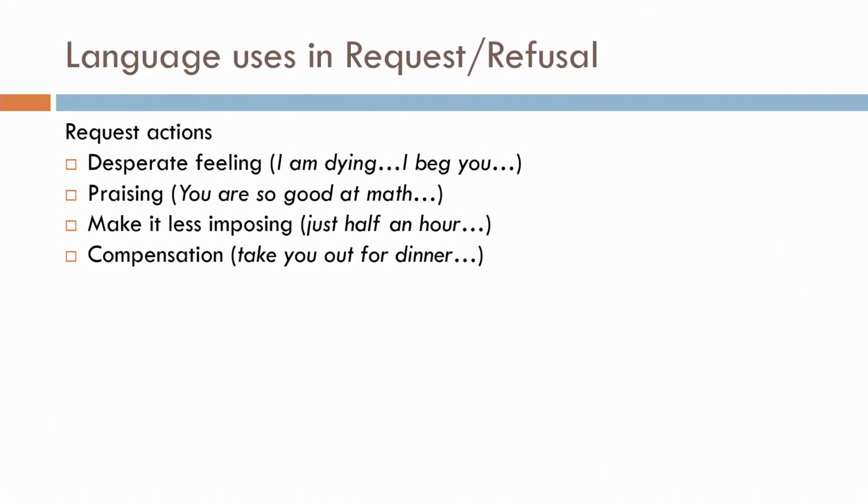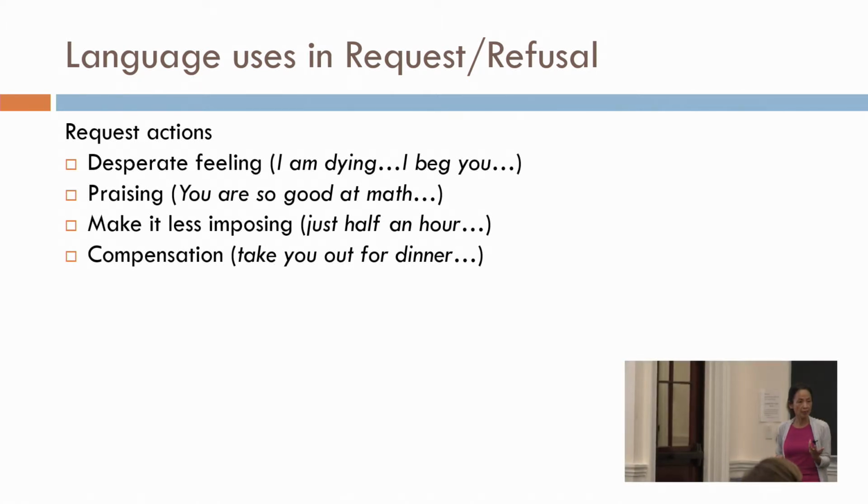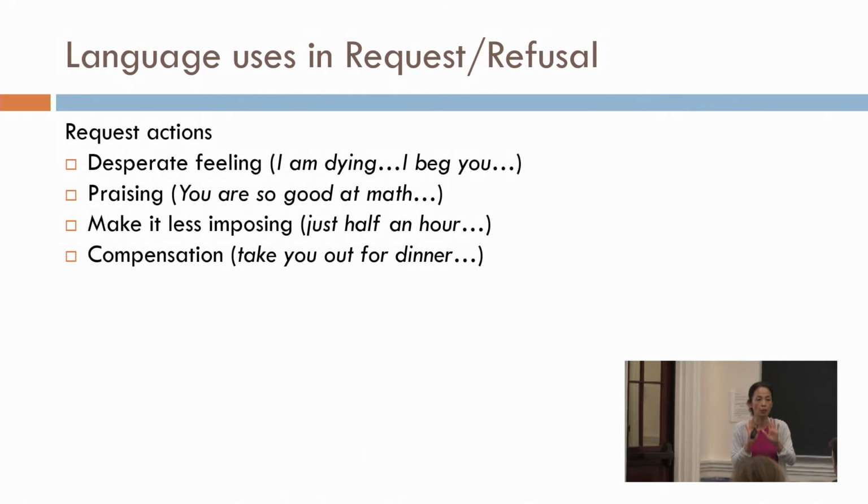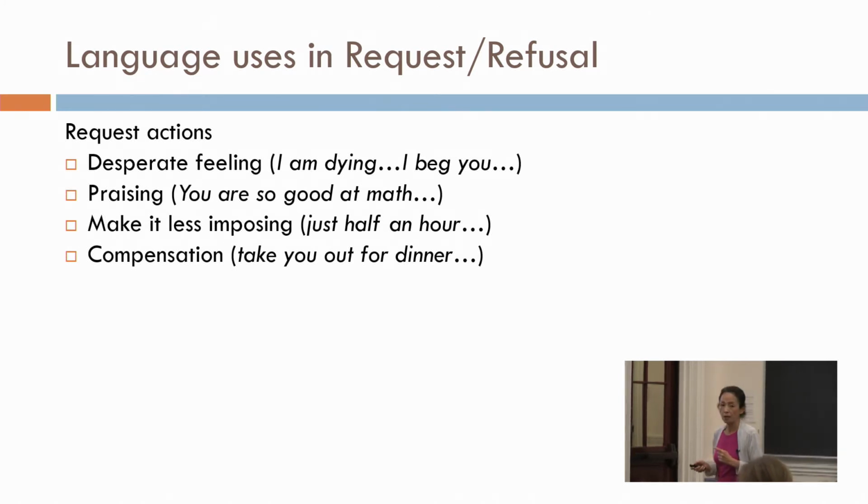To request action, you see the desperate feeling: I'm dying, I beg you, praise. First they say, you're very good at math. Before doing any request, they praise her, and make it less imposing: just half an hour, not a whole day or something. And compensation: I will take you out for dinner.